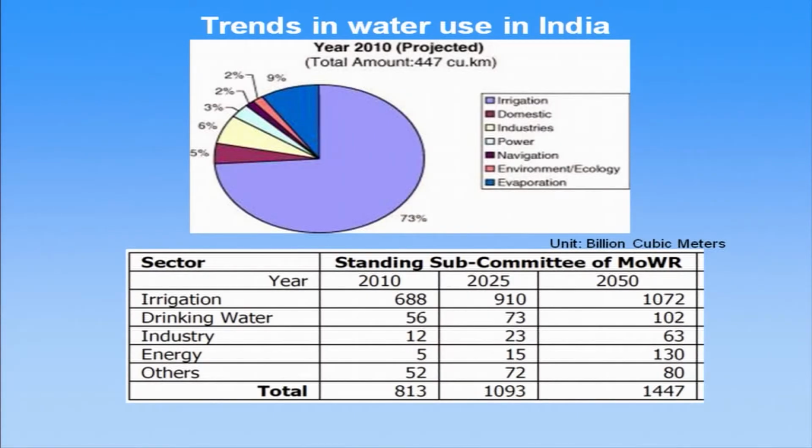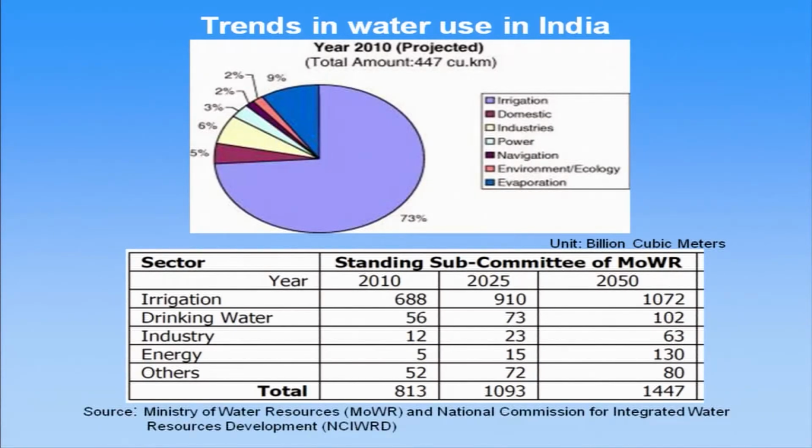This has been given by the Ministry of Water Resources, which shows that the demand is ever increasing in terms of irrigation, drinking water, industry demand and others. So per capita, this demand is going to increase.